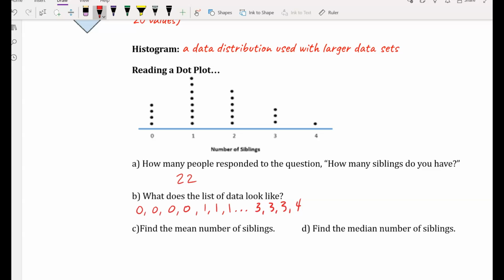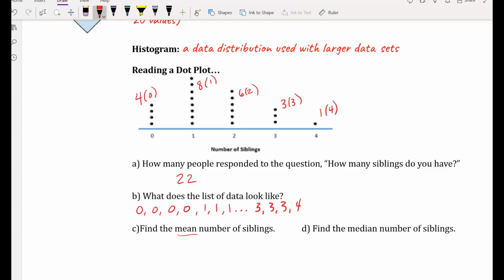Next, we want to find the mean number of siblings. Remember, mean means average. So I need to add up all of the values in my data list and then divide by how many elements I have. So I know that I have 4 zeros, so I'm going to use multiplication here. 4 times 0, and then I have 8 times 1, which is 8, and then I have 6 times 2, and I have 3 times 3, and I have 1 times 4.